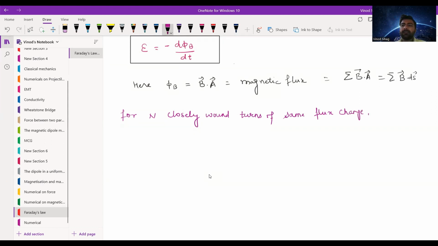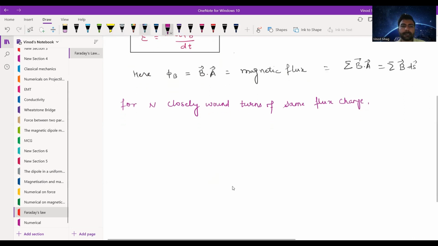If there is the same flux change through each turn, then we can write the EMF as E equals minus N d phi B upon dt. So this will be the equation of induced EMF.